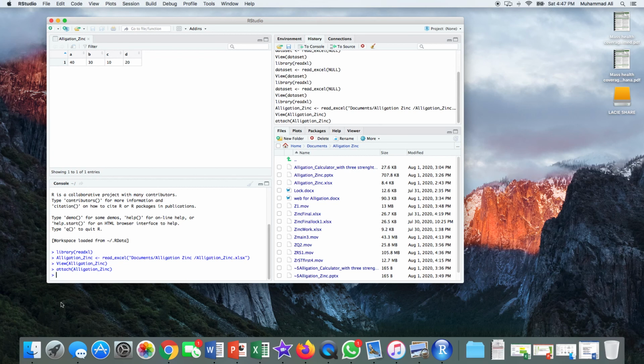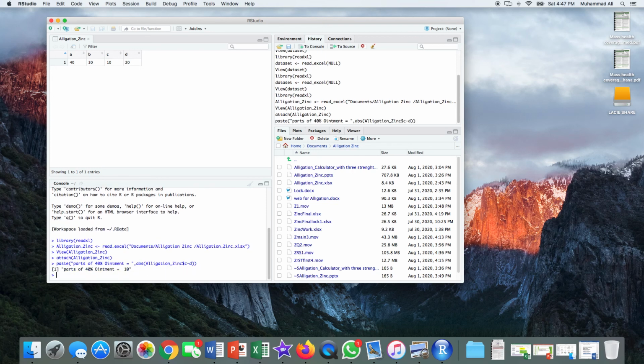We apply the command for the calculation of how many parts of 40% ointment are needed to prepare 20% ointment. So we need 10 parts of 40% ointment to prepare 20% ointment.